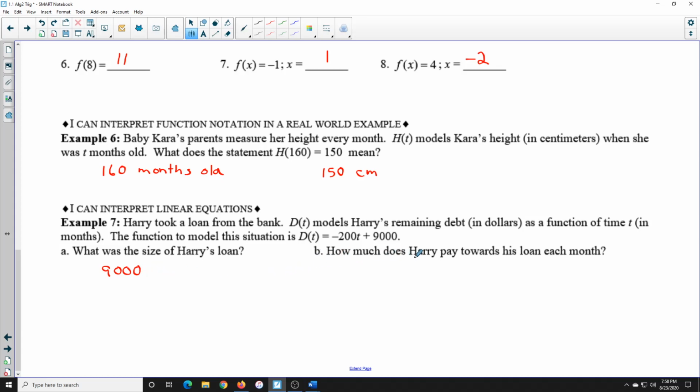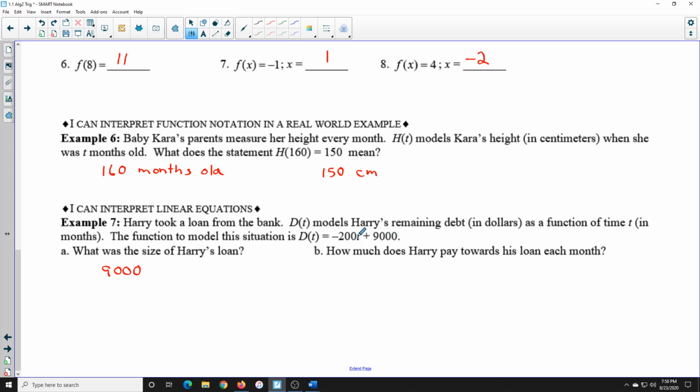And then how much does Harry pay towards his loan each month? So if we know that this is slope, this -200, we could say that it goes down $200 every month. Or if we use logic and we plug 1 month in here, that'd be 1 times -200, and we would take that off of 9,000. And we would end up with 8,800.